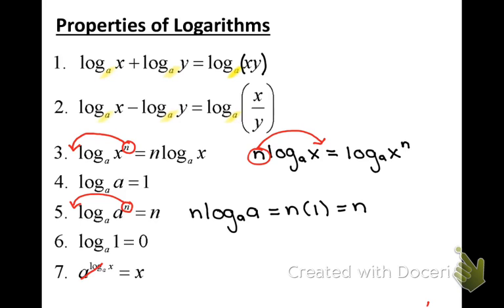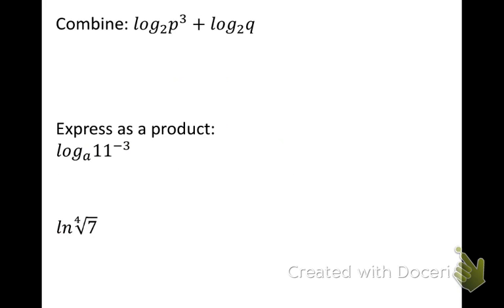All right, so let's use these rules. First thing up, we want to combine log base 2 of p cubed plus log base 2 of q. Notice that these have the same base and they are being added. So I can combine these into a single logarithm, log base 2 of p cubed q.